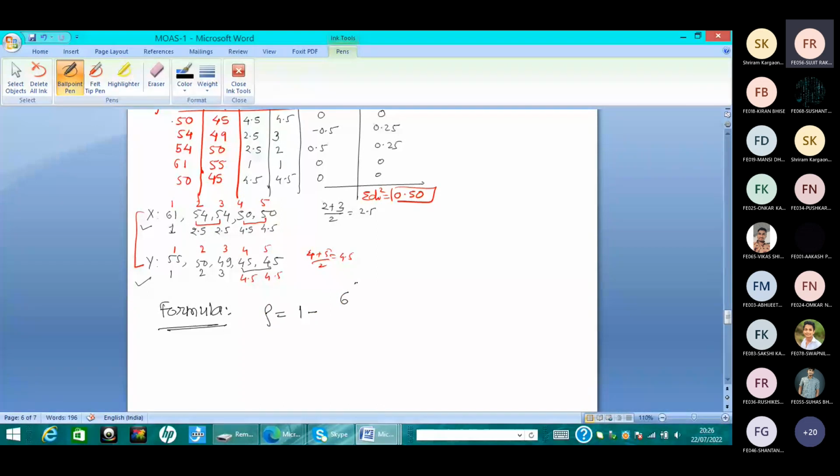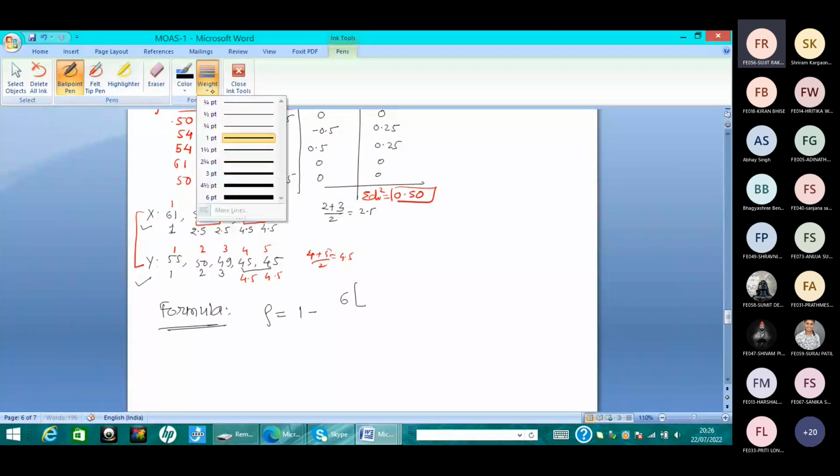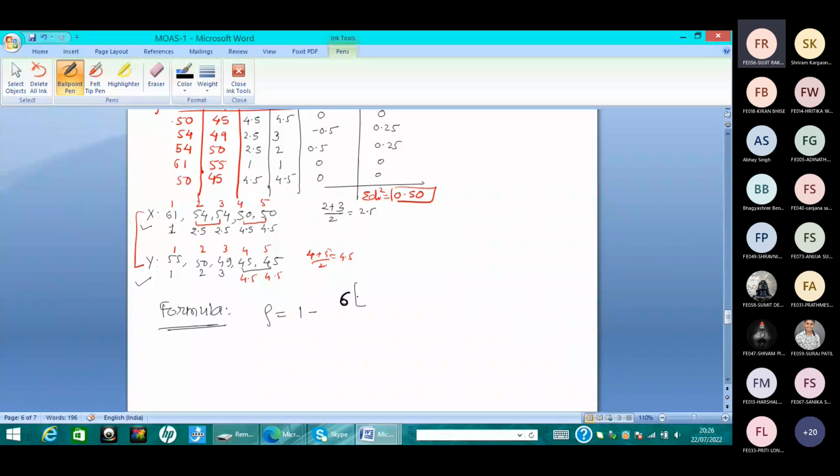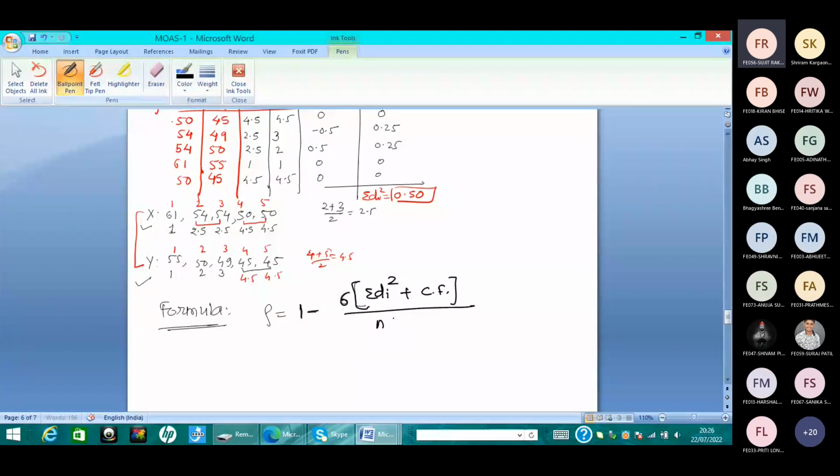Now here what I'm writing, see it properly, 6 into summation di square plus, to reduce your confusion, I am writing here a correction factor, upon n, sorry, I'm adding some correction factor here, n square minus 1.